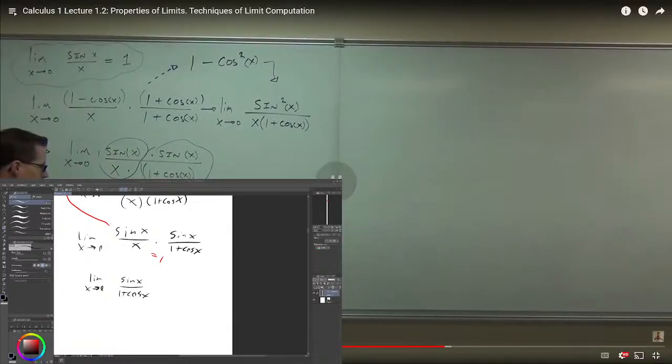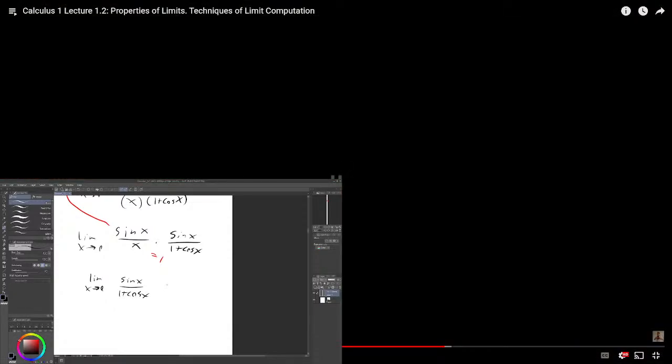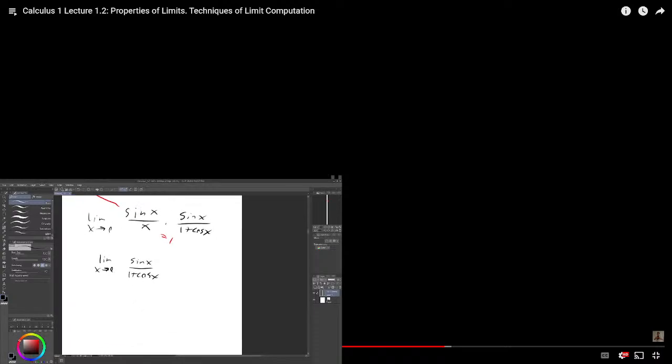Then you can plug in 0, because cos of 0 is 1. 1 plus 1, it's 2. Sine of 0 is 0. It's 0.